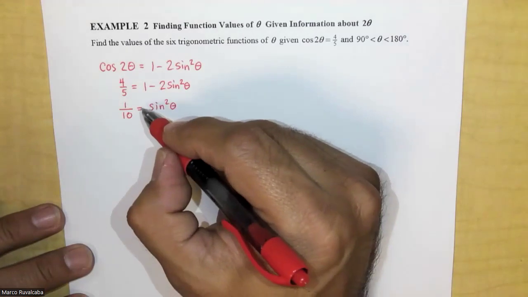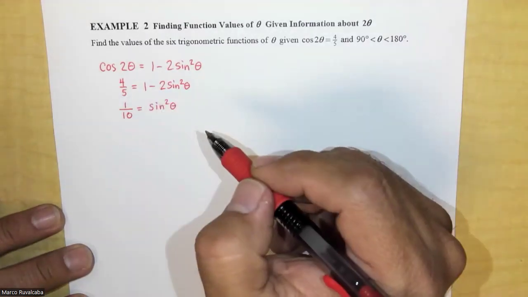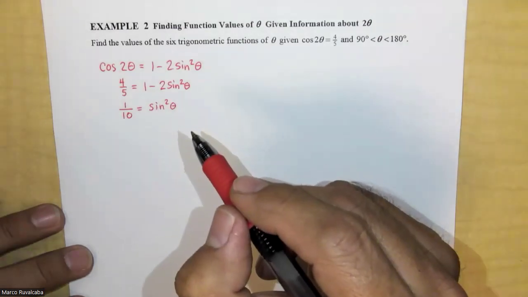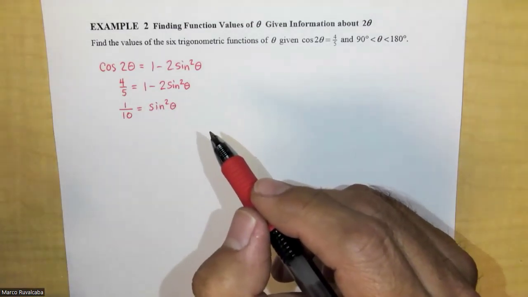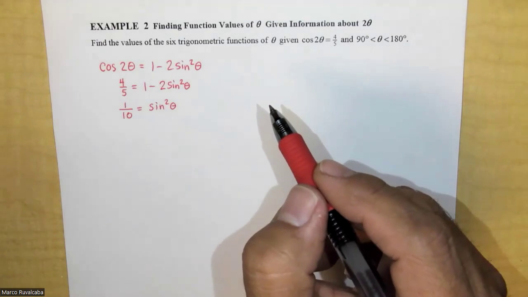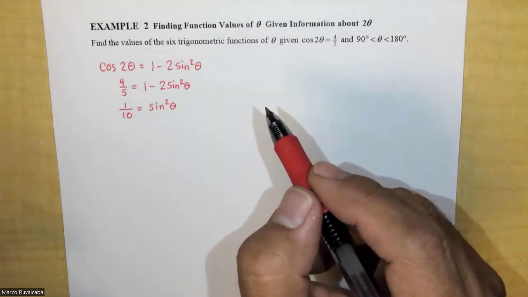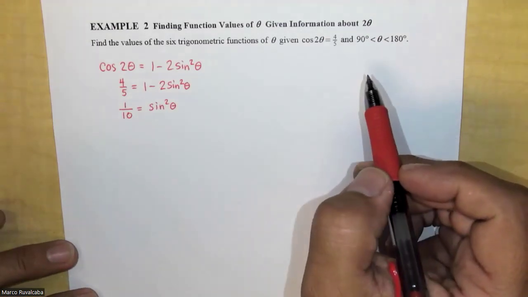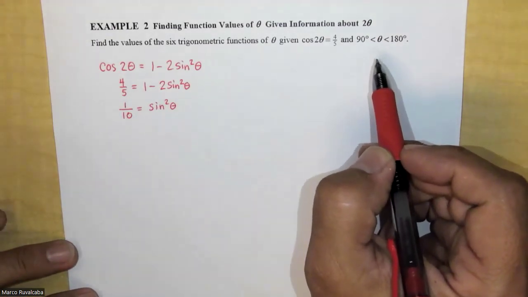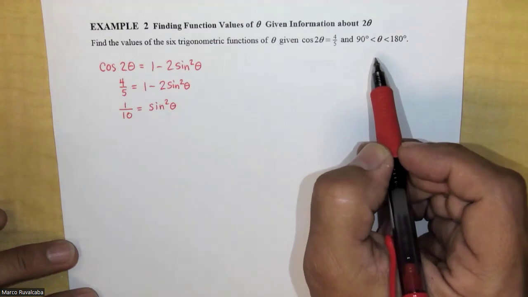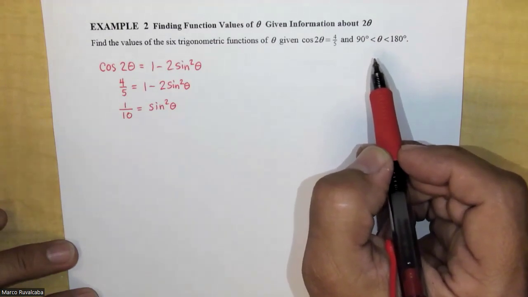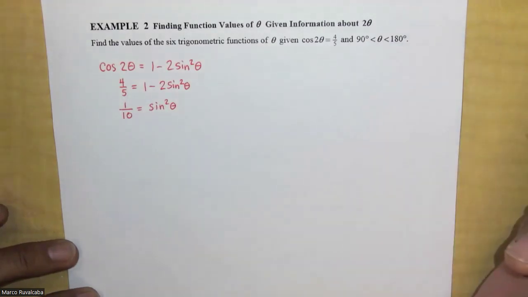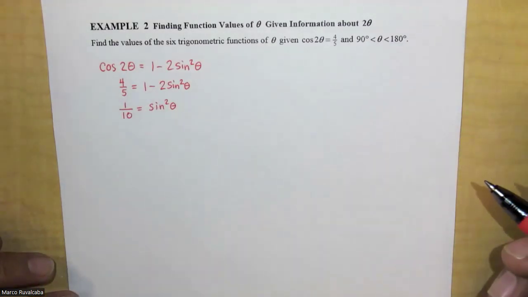So now we're going to take a square root. But every time you take a square root, there's a plus or minus involved. So we have to determine if this is plus or minus. Theta terminates in quadrant 2, so sine will be positive because sine is positive in quadrant 2.